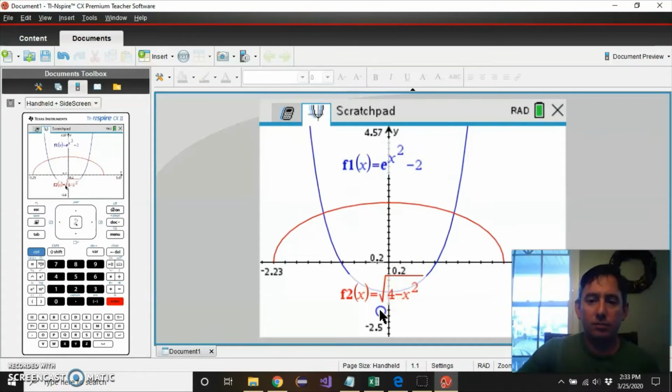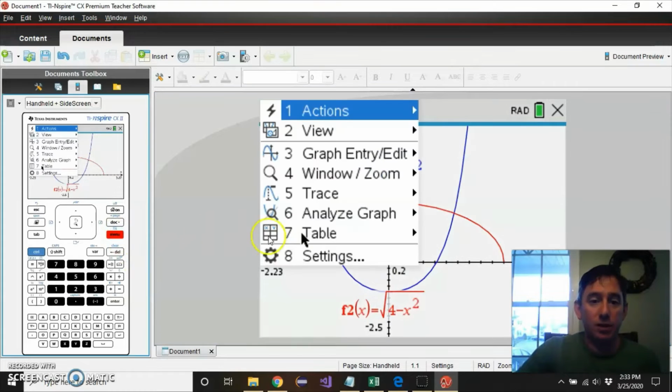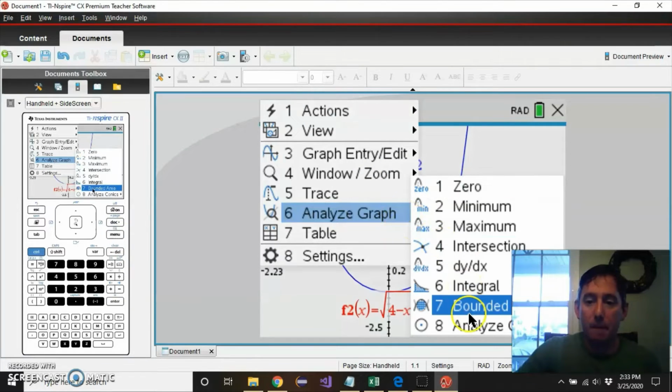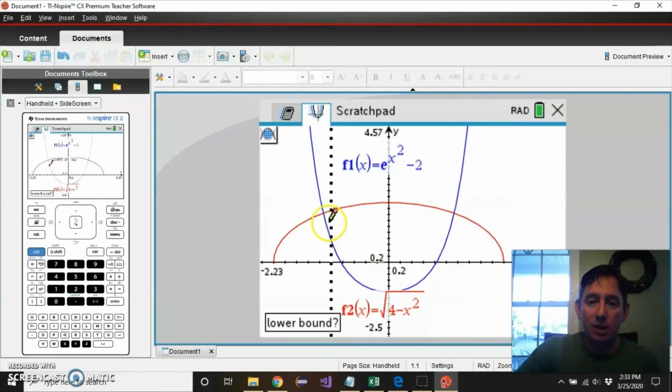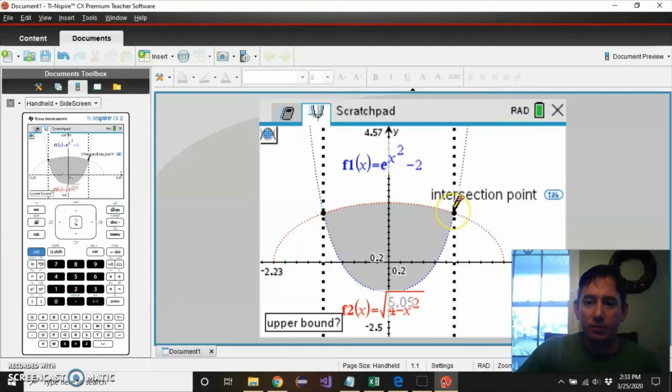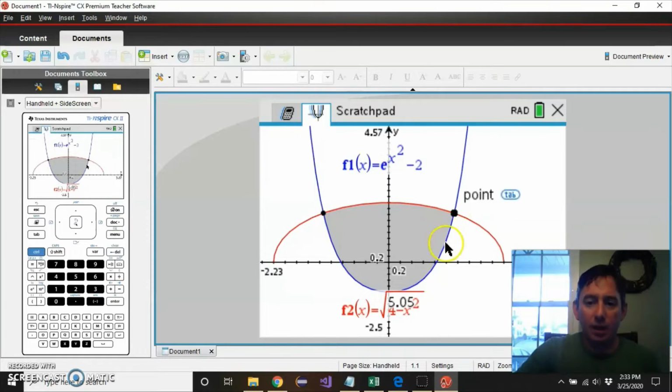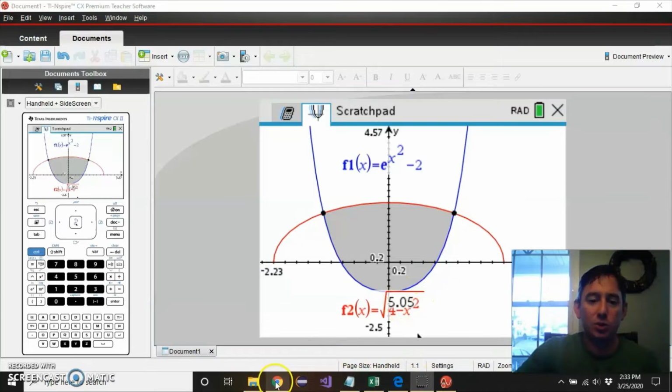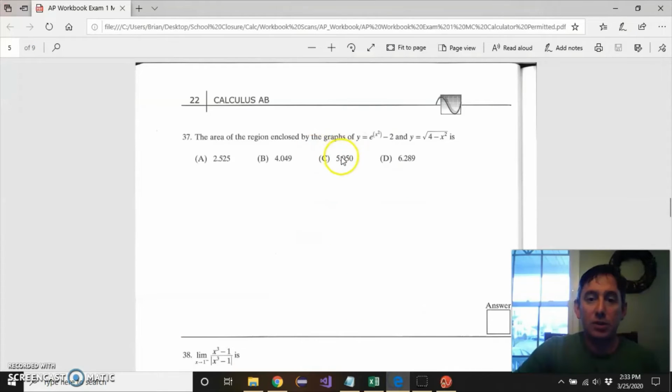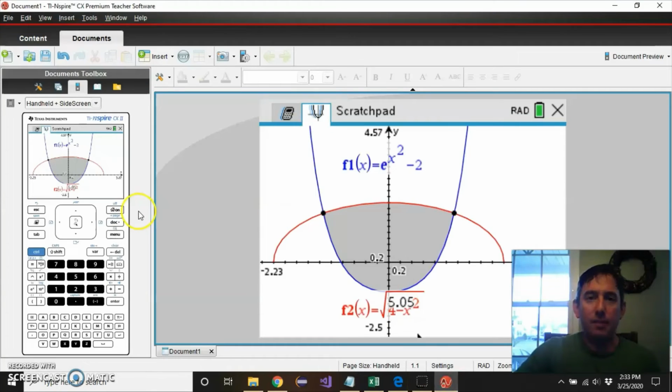And we're just going to cheat. Let's do this the quick way. Analyze graph, bounded area. This should snap right to the intersection point. And there we go. 5.050. Perfect. C.